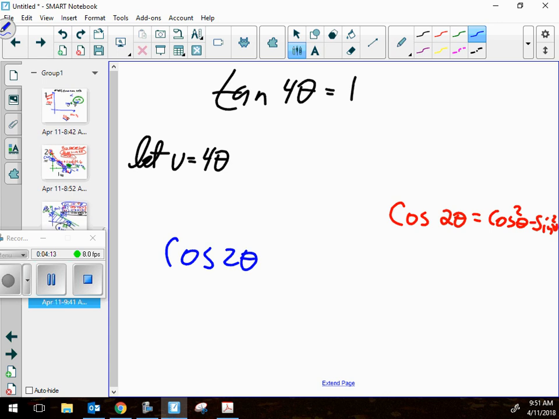Cosine of 2 theta, let me think, is equal to... I'm going to pause for a second. Okay, I got the other problem I'd like you to try.